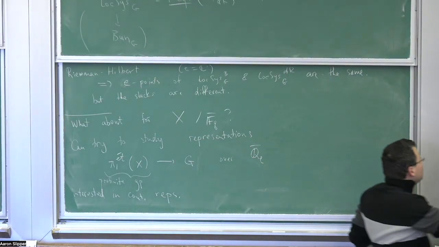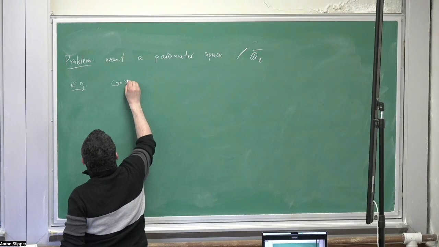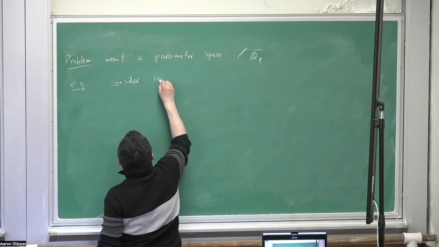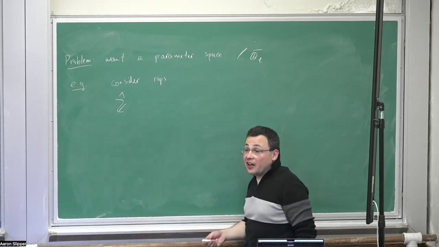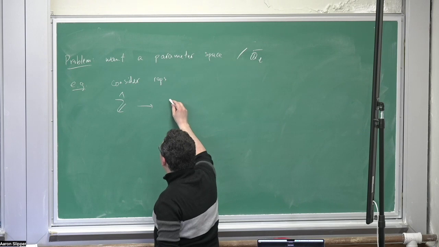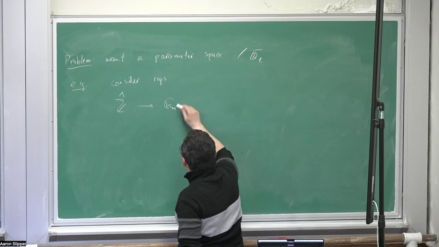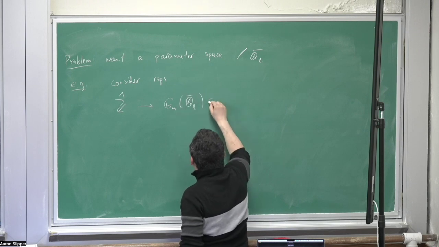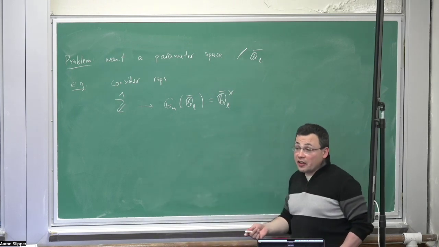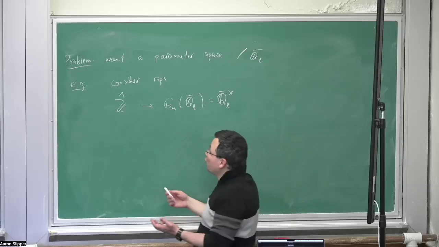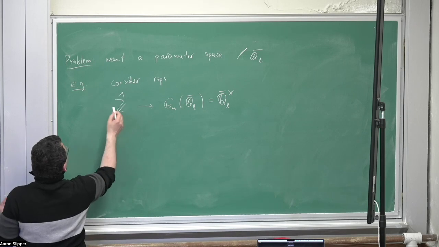So consider an example. Let's take the simplest possible profinite group, which is Z hat, and G to be GM. So let's study representations like this. What would we want out of a parameter space?